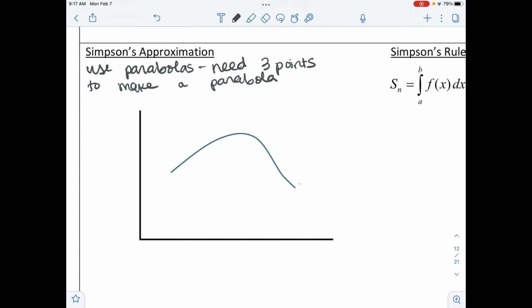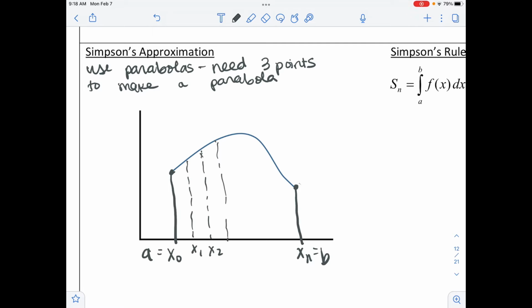So similar idea, still going to have x naught, which is my a, and my x of n, which will be my b. And approximating this, I'm going to put x1, x2, x3, I'll draw another line on here, x sub 4, and again those equal widths.